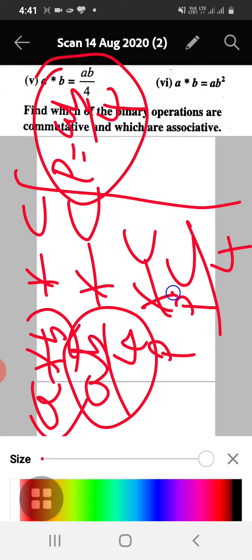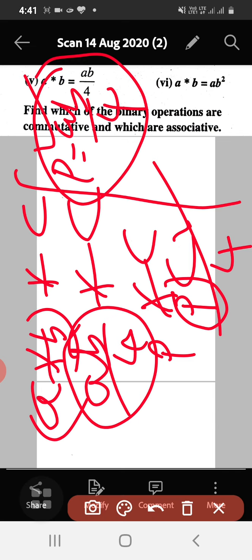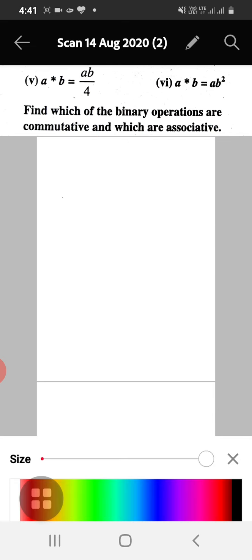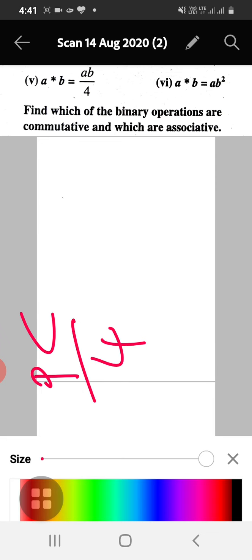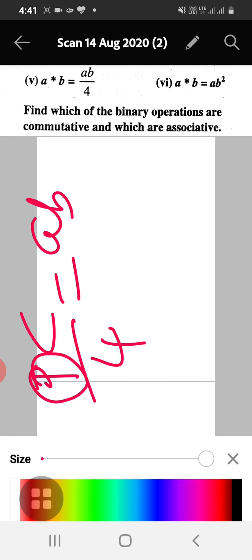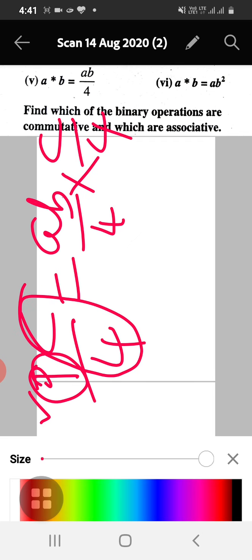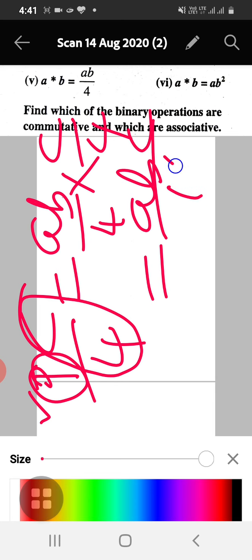I replace p in the next step, since space is not available. What was p? p was ab by 4, and c by 4 as it is. So what is it? abc divided by 16. Both sides I got abc divided by 16.